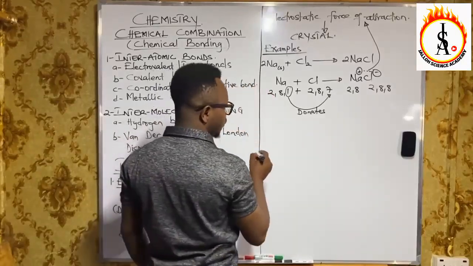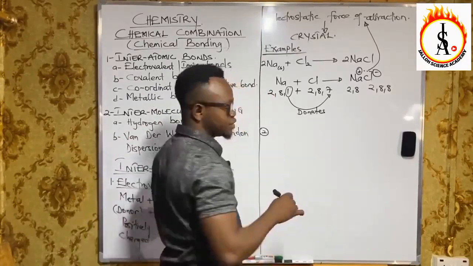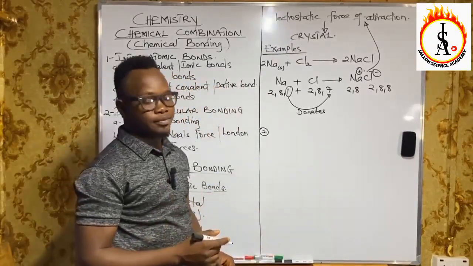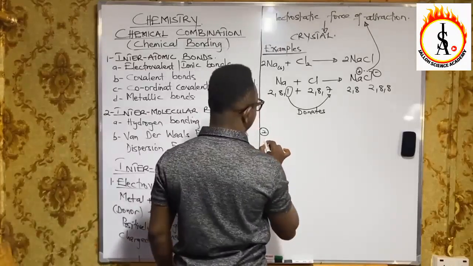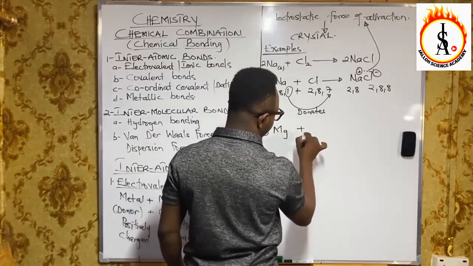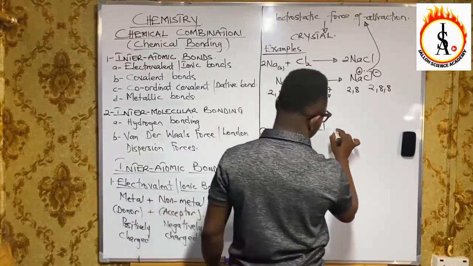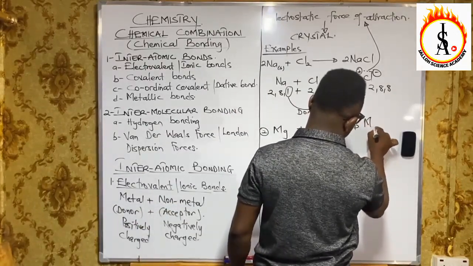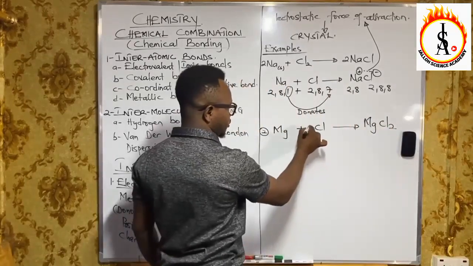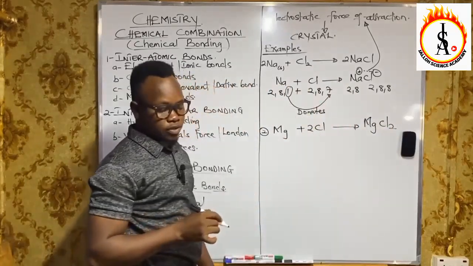Another example we can look at is the formation of magnesium chloride. Now, in magnesium chloride, it is magnesium reacting with chlorine to give us MgCl2. So meaning there are two atoms of chlorine that we're going to use.